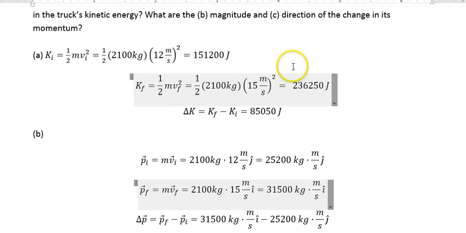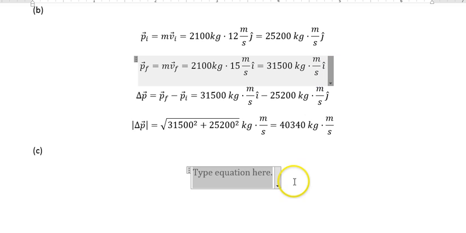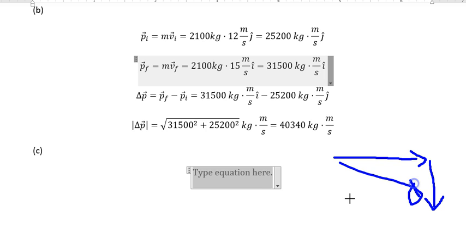Okay. And then direction of the change. Well, the direction of the change is pretty simple. Here's the change in vector. The change in vector is 31,500 in the i hat, and then minus 25,200 in j hat. So the direction of the change is in that direction, right?